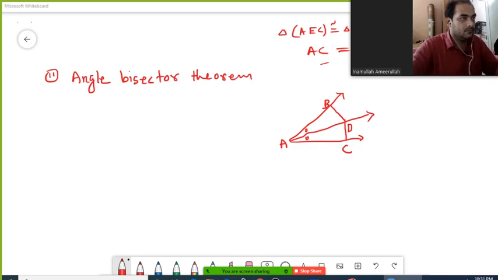In that case, you can say BD is equal with DC. This is all about angle bisector theorem.